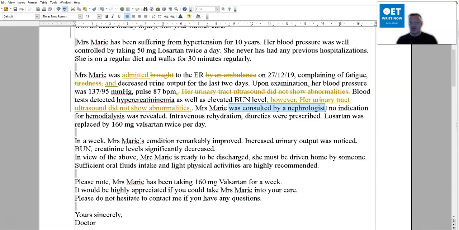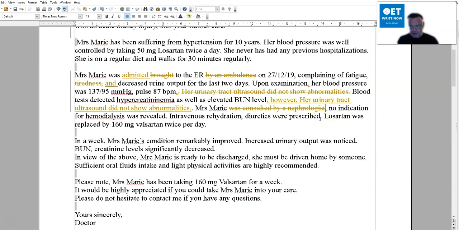I would expect she's in hospital. She consulted, but that means that she went to see the consultant, but the consultant was in the hospital. So we don't even need that. That doesn't make sense. So we've got short sentence, short sentence, short sentence.